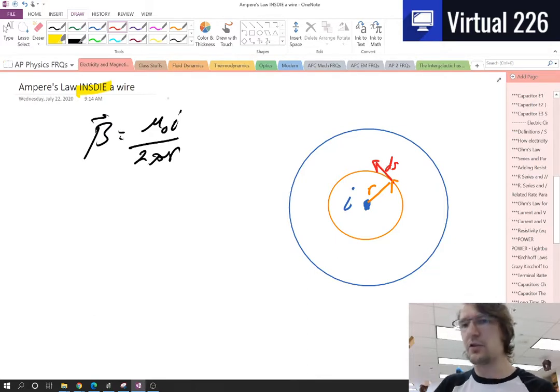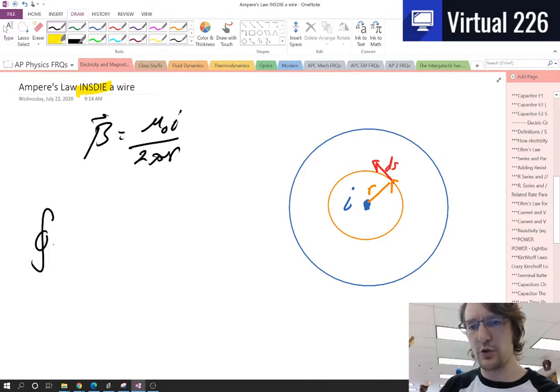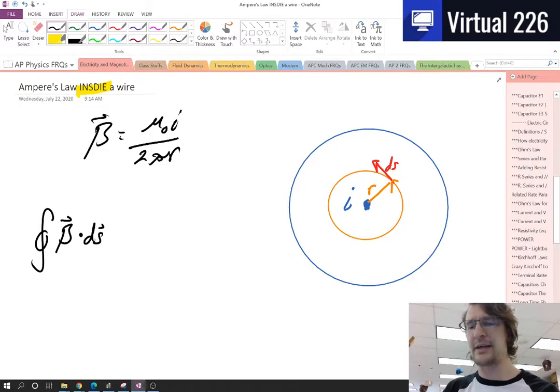So if we set up Ampere's law, we have the closed path integral of B dot ds, and remember that the dot product represents a cosine of theta term. Since our B field and the path vector we're walking on are in the same direction, this will be B ds cosine of 0, and the cosine of 0 is 1, so I can ignore it.